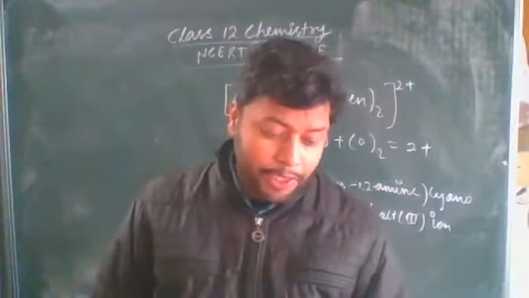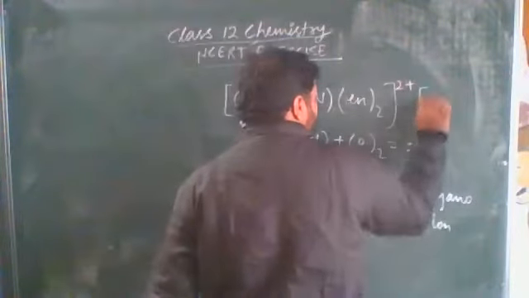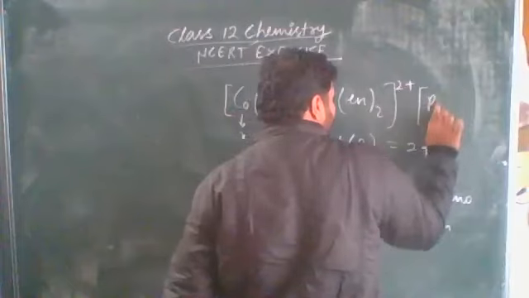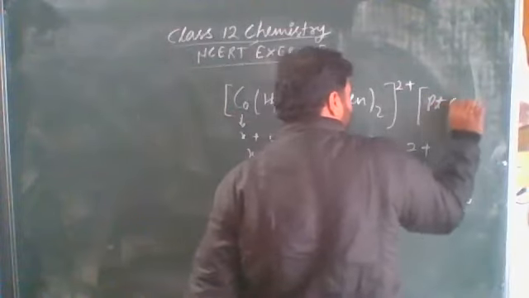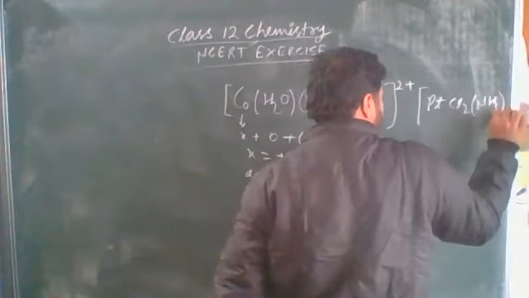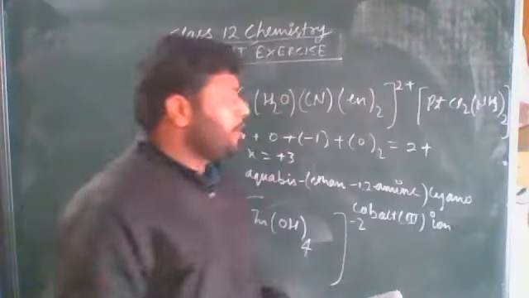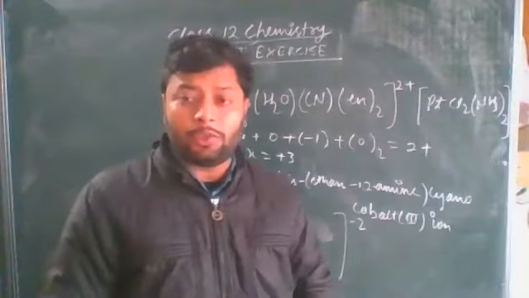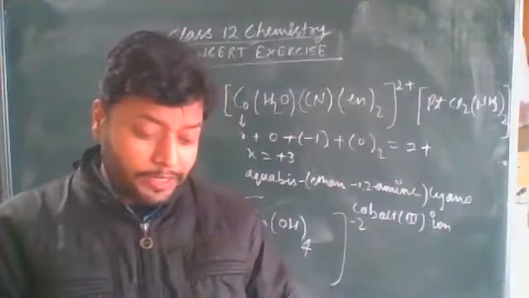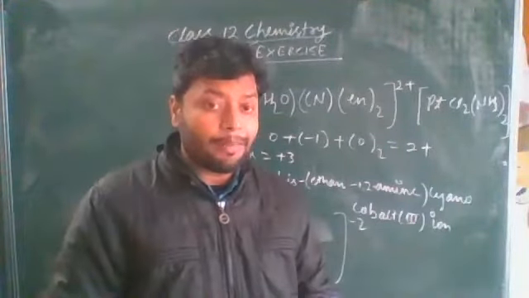Anyone? Diamminedichlorido platinum. Look at the possibility: [PtCl2(NH3)2], and the oxidation number of platinum is +2.